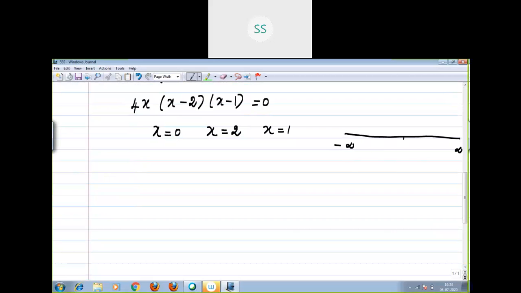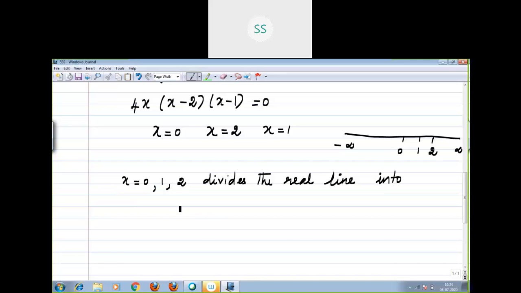The origin is 0, next 1, 2. The points x equal to 0, 1, 2 divide the real line into how many? Yes, 4 disjoint intervals.